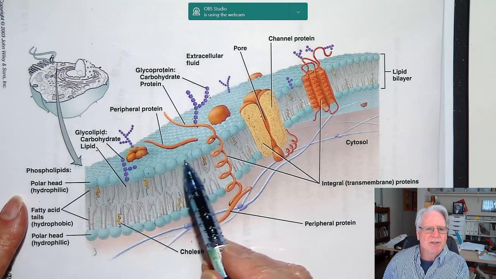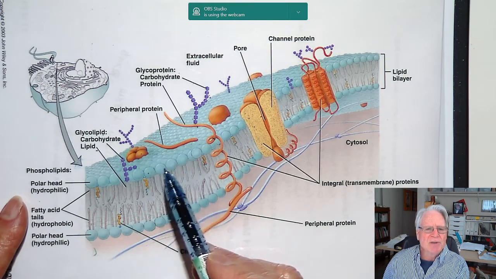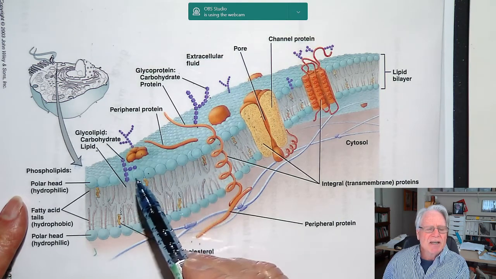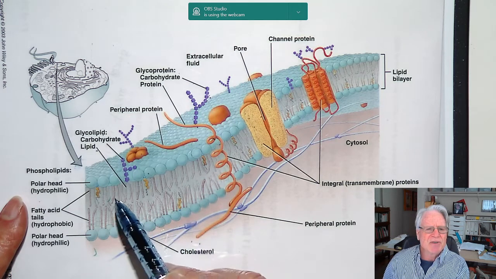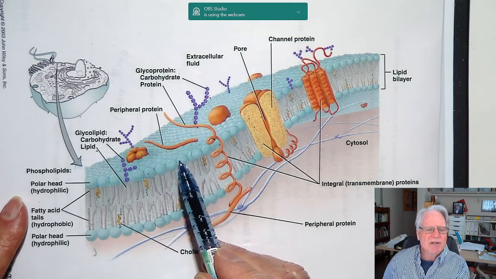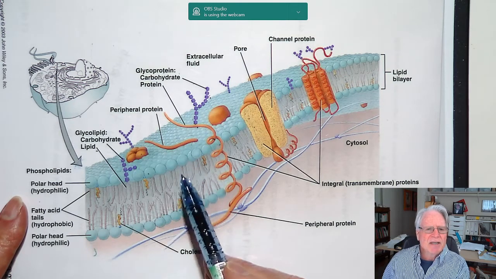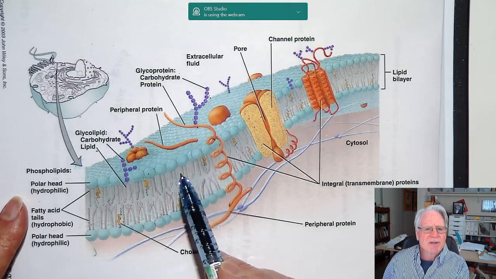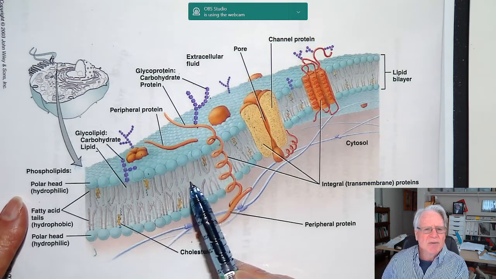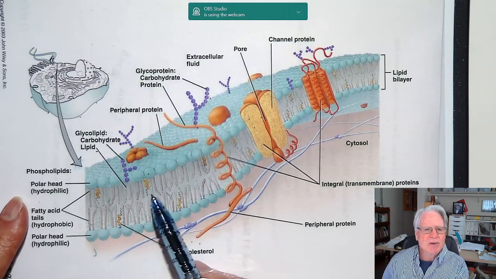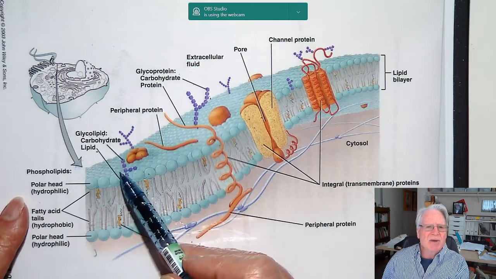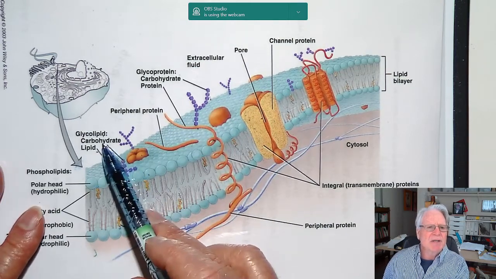If I take a beaker full of these phospholipids and pour it into water, over time and fairly quickly those phospholipids would organize themselves in the fashion that you see right here with the lipid bilayer, because the phosphohead wants to mix with water. It's hydrophilic, and the tails are hydrophobic, so they sequester themselves. So you have water facing here, and water being excluded in this region where the fatty acids are. We'll just go along the line and identify some other things, which we'll come back to. Here we have a glycolipid.